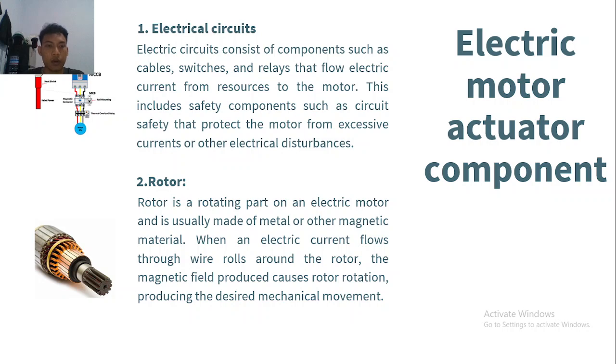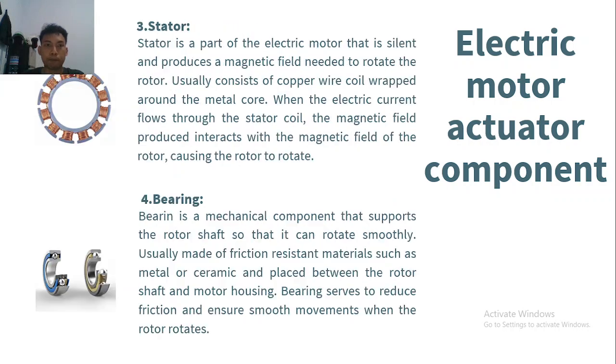Number two is the rotor, the rotating part of an electric motor, usually made of metal or other magnetic material. When electric current flows through the wire coils around the rotor, the magnetic field produced causes the rotor to rotate, producing the desired mechanical movement.